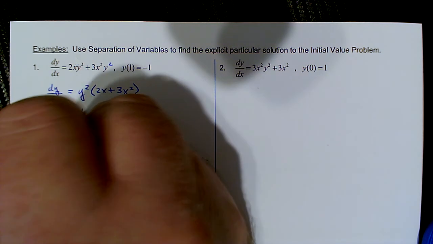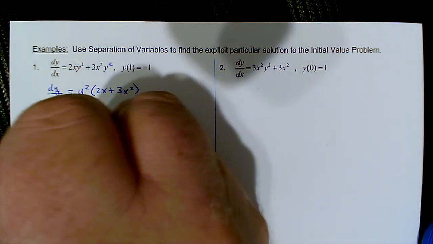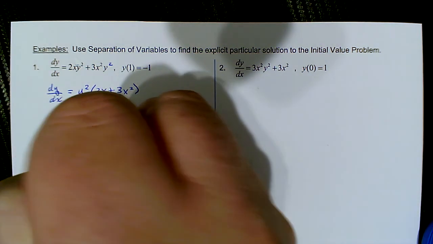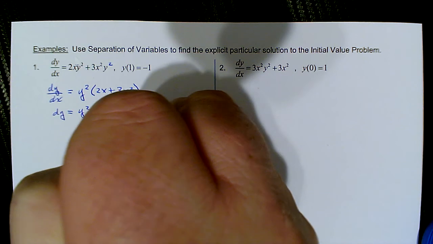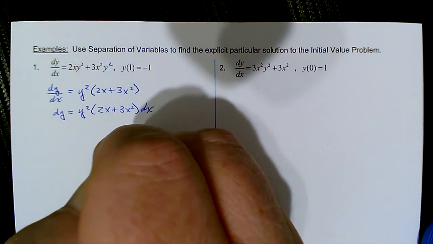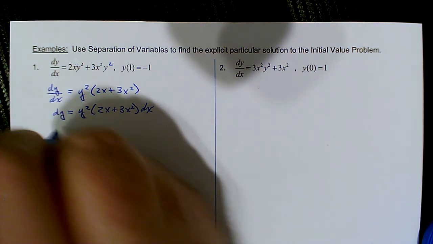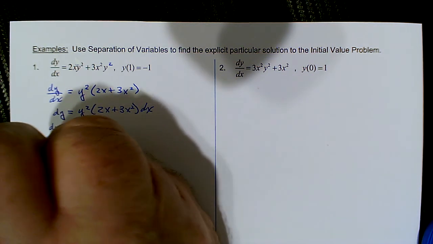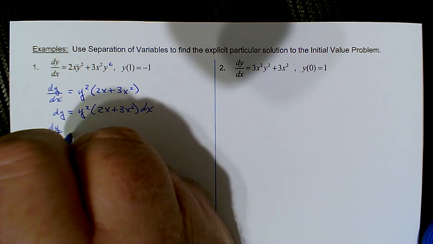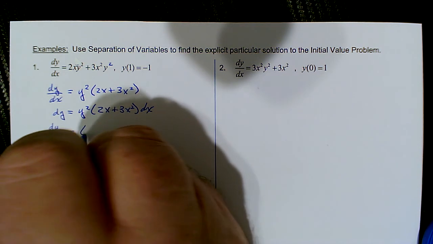That's 2. In order to integrate dy over y squared, we'll have to bring the y squared up to the numerator.